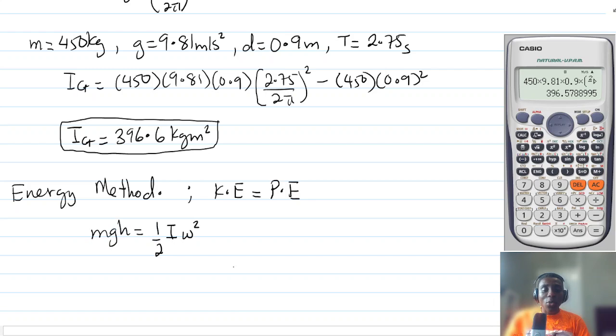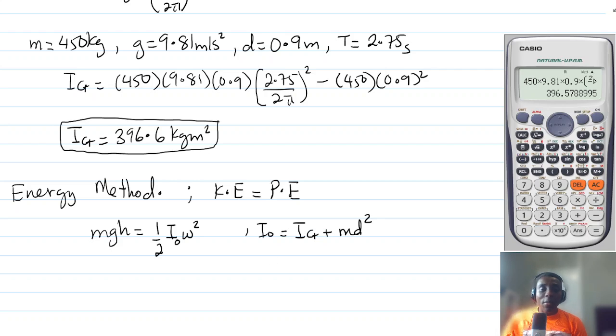Where this I naught is actually Ig plus m d squared. So essentially that is the idea, but then we are going to use an h that we will apply in this formula.